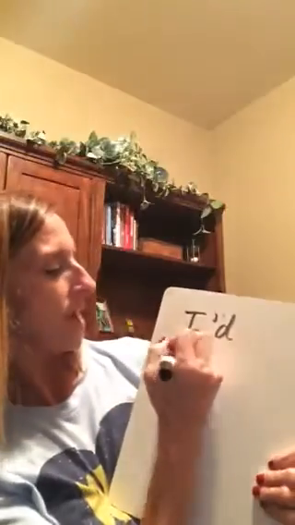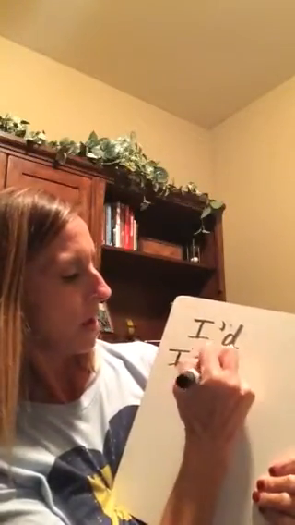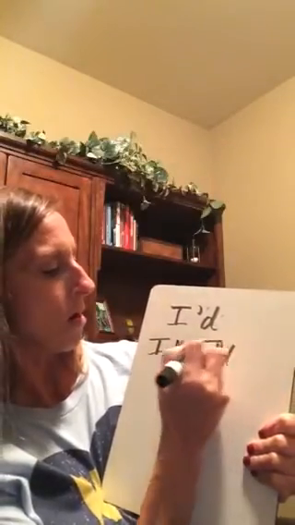Okay, so think about that. It stands for I would like hot chocolate, please. So the apostrophe stands for all of those missing letters that we took out. Okay? All right, let's try the next one.